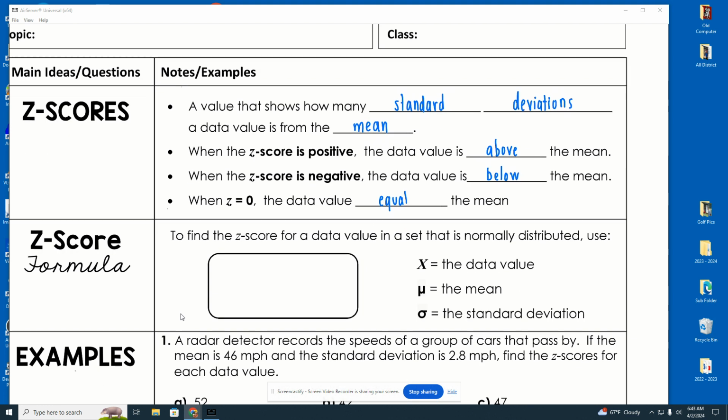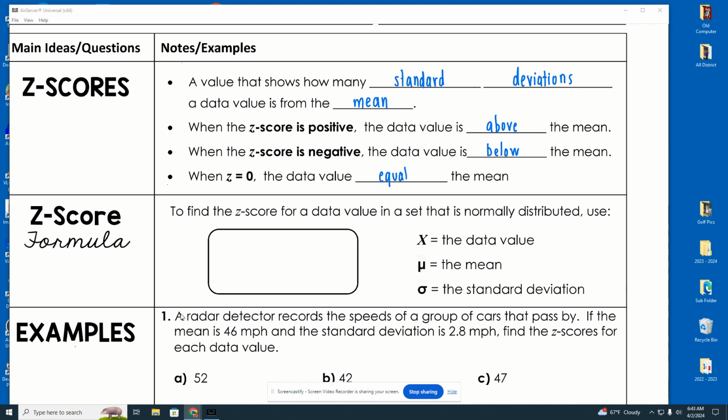So here's exactly how you calculate it. You need 3 pieces of information. You need X, that's your specific data value. You need mu, or we could say X bar. Don't forget, mu is your population mean, where X bar is your sample mean. When you calculate 1-Var Stats, you're going to look at the X bar, and that's the value you put in that spot.